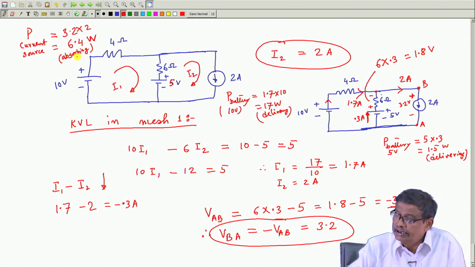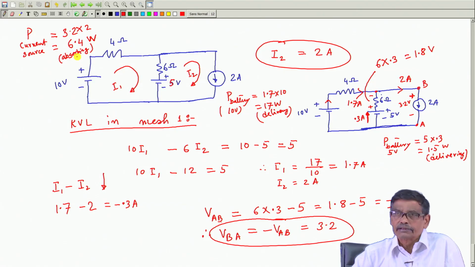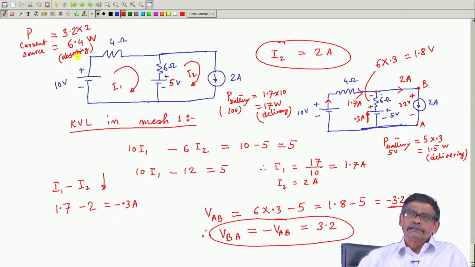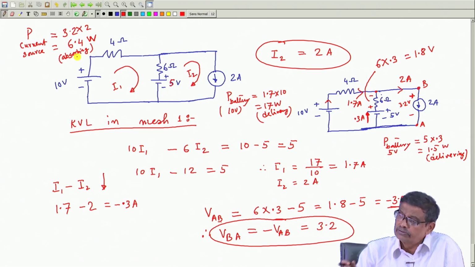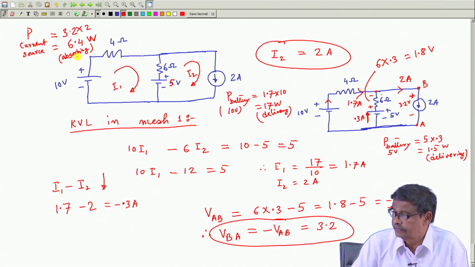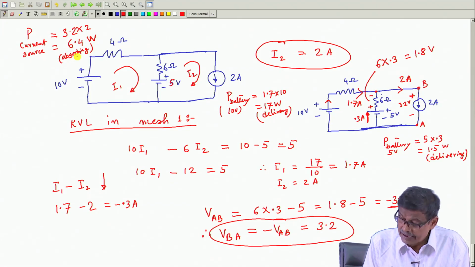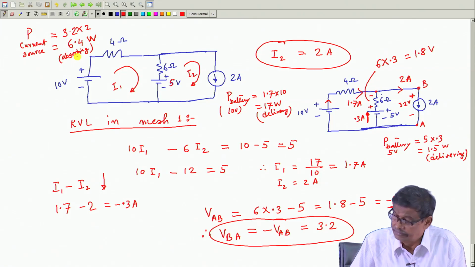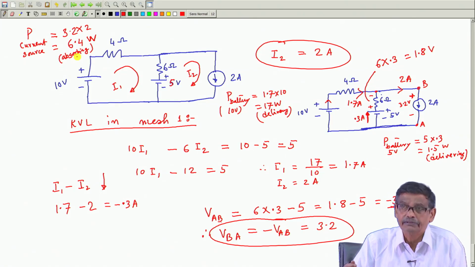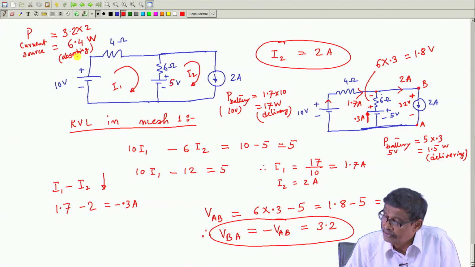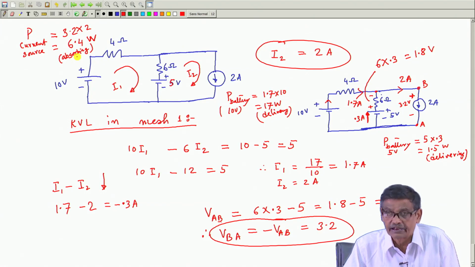So, mind you, in a network there may be several sources. Some of the sources may deliver power, some other sources may also absorb power. You charge a battery, then it absorbs power. So, a source may be charged in this way. Then how power balance takes place, I leave it to you to compute. In the resistances, power losses take place.